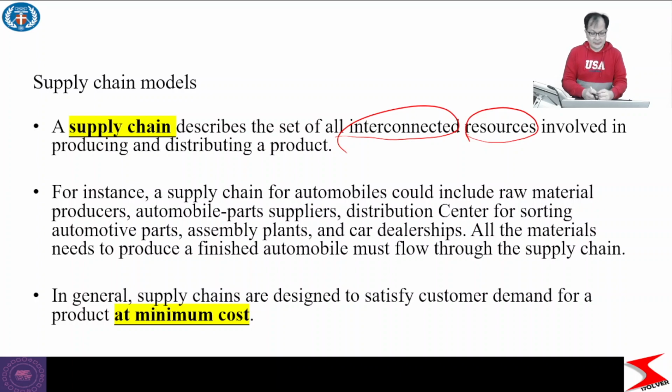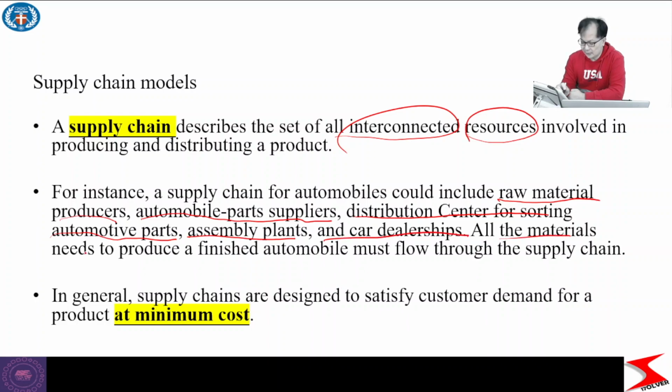Okay, here is an example. A supply chain for the automobile industry could include raw material producers, automobile parts suppliers, distribution centers for sorting automotive parts, assembly plants, and car dealerships.